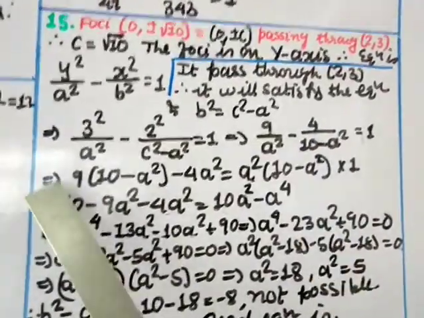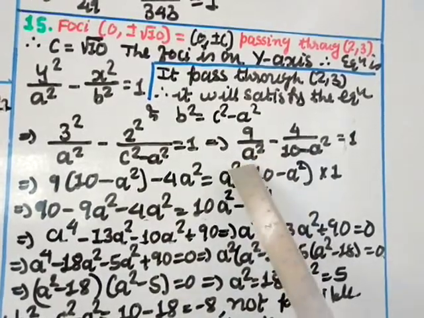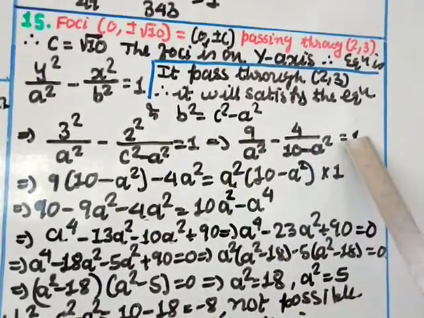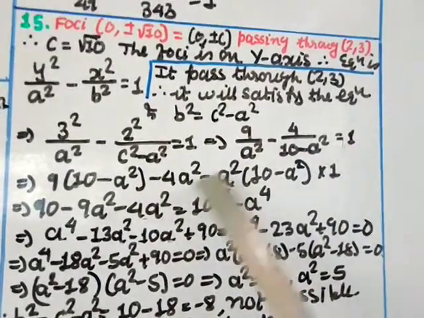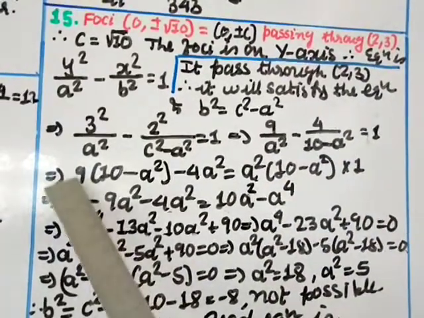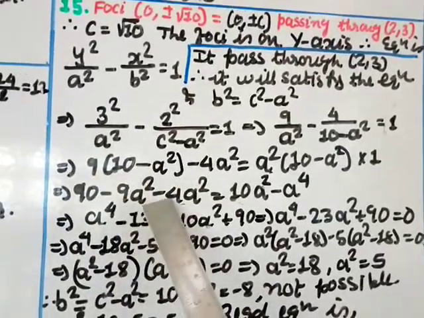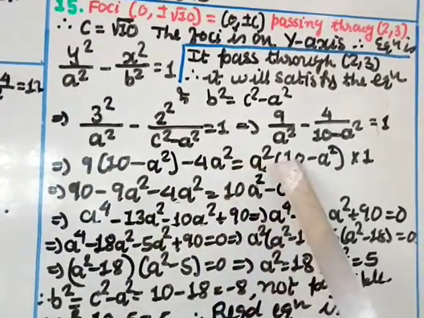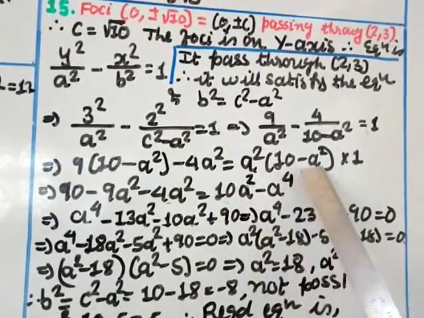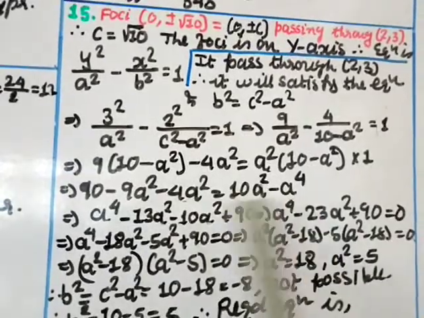So here 9 into 10 minus a square, minus 4a square, and the denominator transfers to this side and multiplies with 1, so a square into 10 minus a square into 1. Multiplying inside, 9 into 10 is 90 minus 9a square minus 4a square equal to 10a square minus a power 4. Let us transfer all these terms to this side.